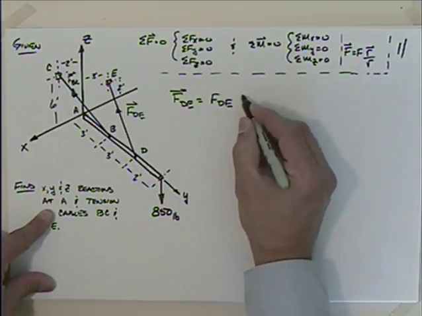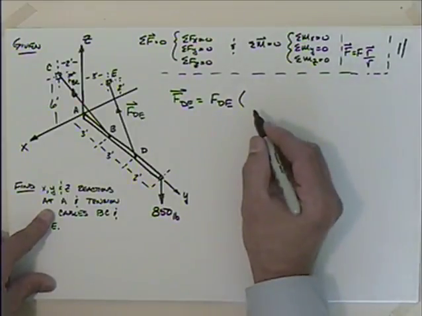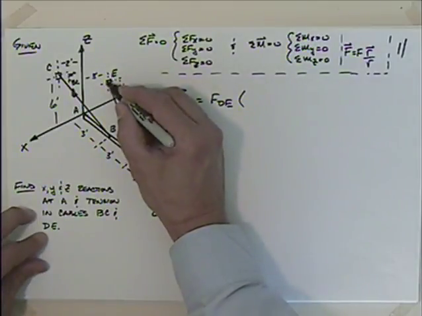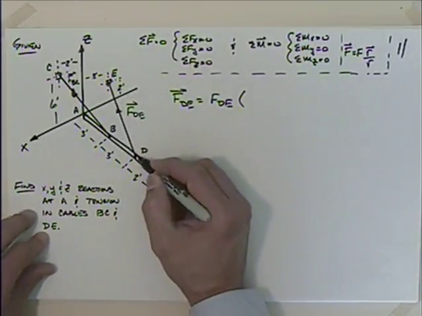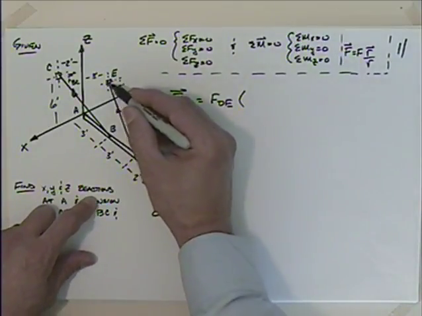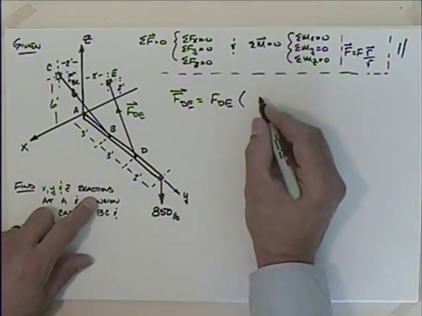That's what I'm looking for. But I do know its position vector. So it's really just a matter of looking at DE, and you could take your E coordinates and subtract your D coordinates. Again, I always just think of positioning myself at D and giving myself instructions on how to get to E, or walk to E, if you will.